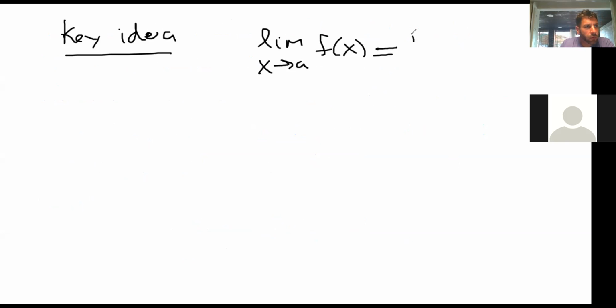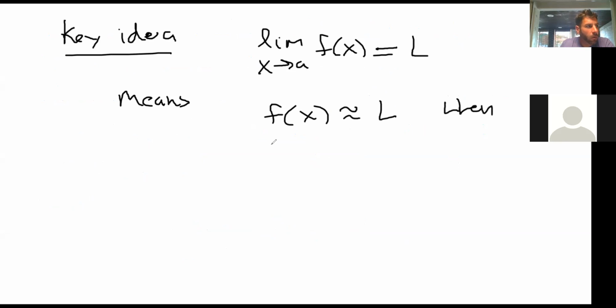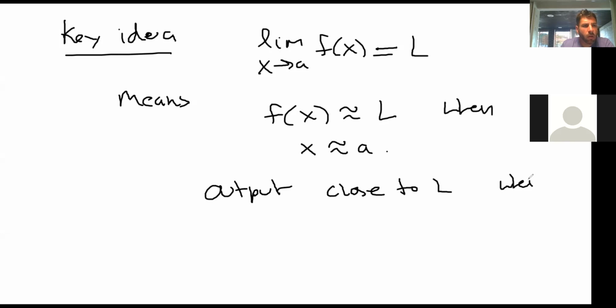This set of symbols means f of x close to L when x is close to A. So output close to L when input close to A.